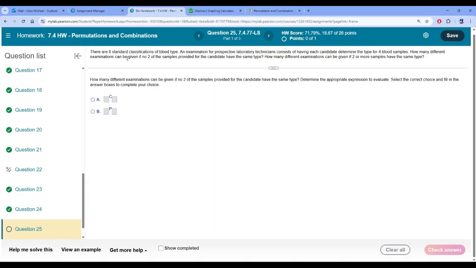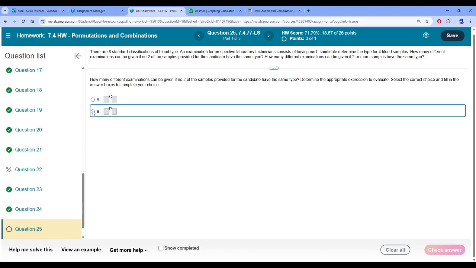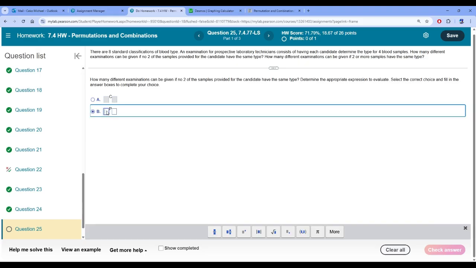There are 8 standard classifications of blood type. Determine how many different examinations can be given if no 2 of the samples provided from the candidate have the same type. So that's a permutation. So that would be 4C2. Is it 4?